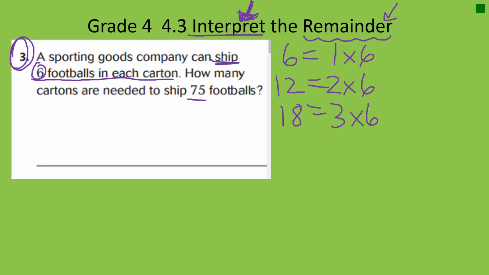Okay? What if we jumped to, remember my favorite friendly number, 10 cartons of 6? How many footballs would we have packed up? We'd have 60 of the footballs packed up. Well, that was a lot quicker than going by 6s all the way up to 75.